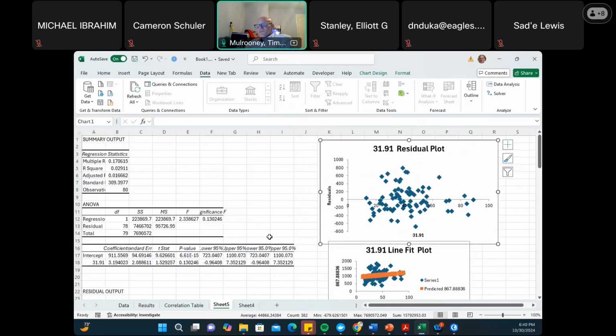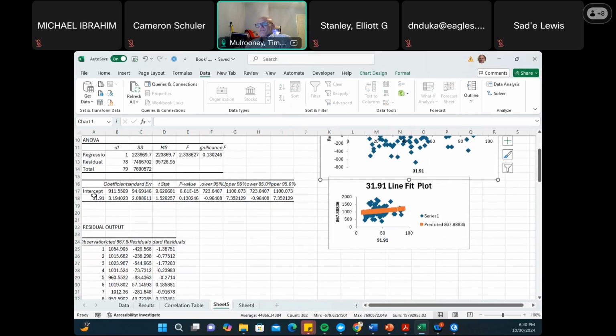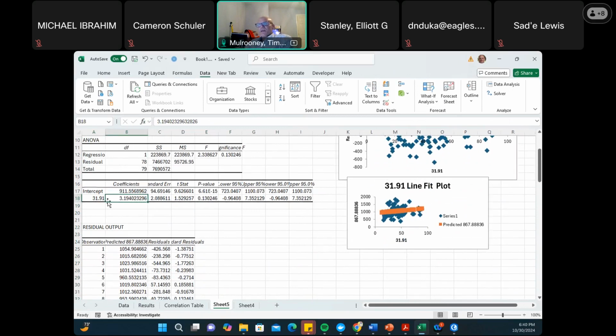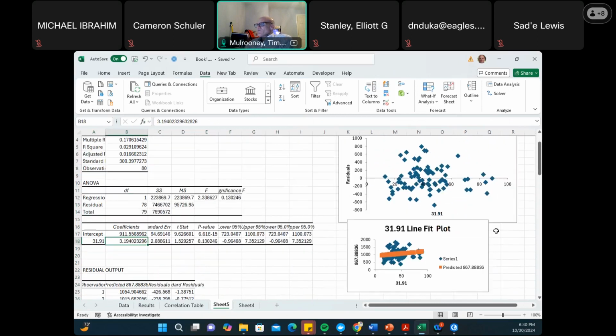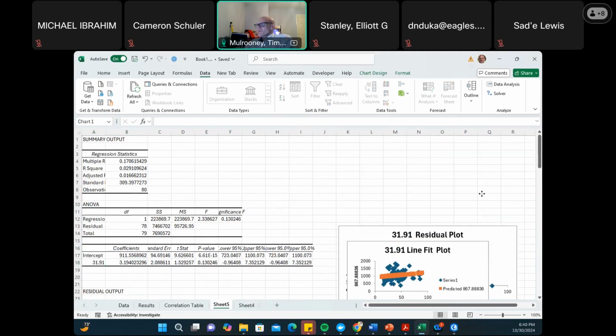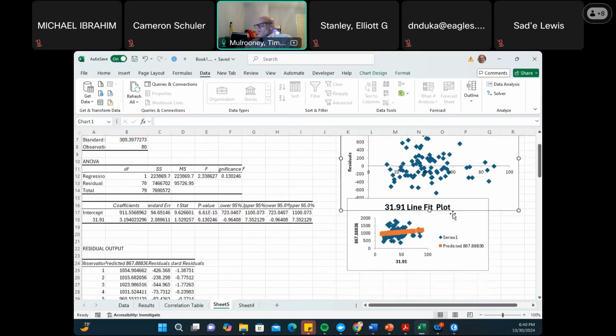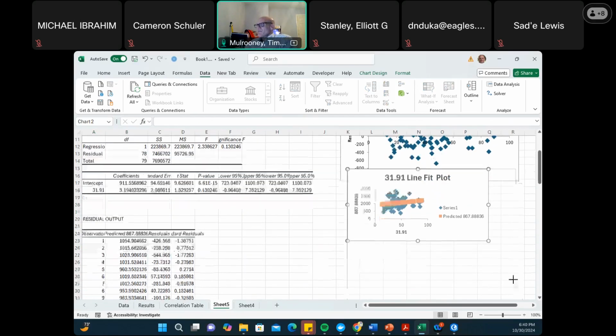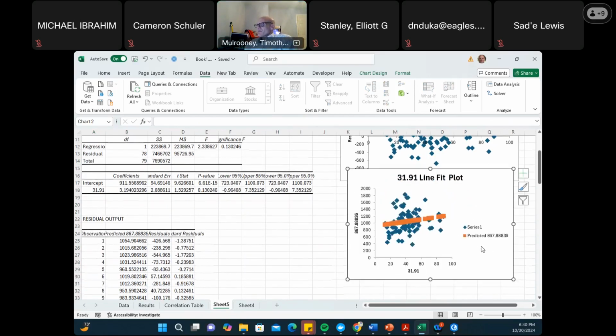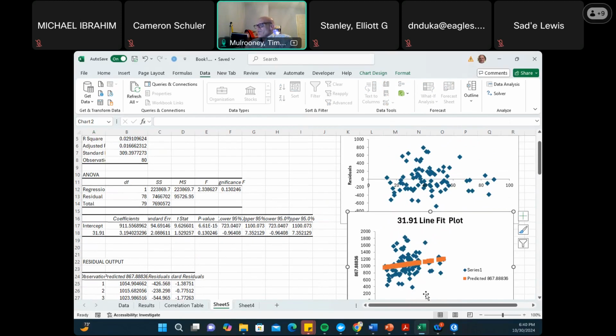Okay, we're getting ahead of ourselves here, because what are we looking at here? We are looking at our coefficient, which is positive. Okay, first of all, what's that mean? It means as one goes up, the other goes up. Okay, this is our predicted right here. So looks like these are our values.